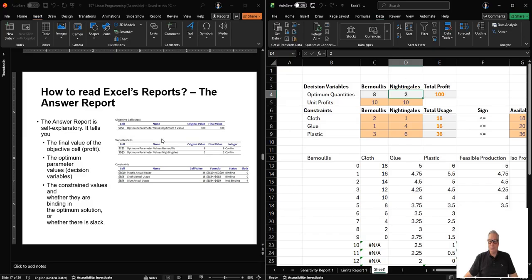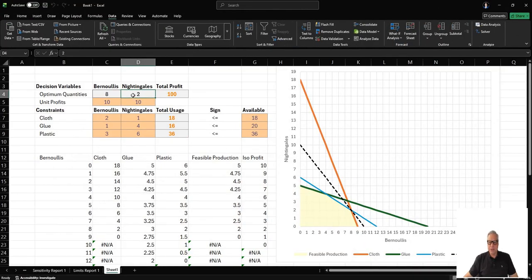Okay, so the answer report provides useful information, but basically what are the final values, how many units shall we use of each, and are the constraints binding or not. So we can see that here in our graph that the optimum solution is here at 8 and 2.